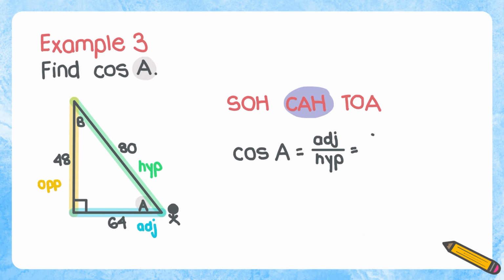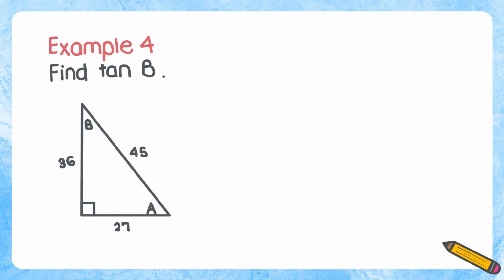Our adjacent side has a length of 64, and our hypotenuse has a length of 80. Technically, you can simplify this, but for Delta Math, you can just leave this as is. So cosine of A equals 64 over 80.